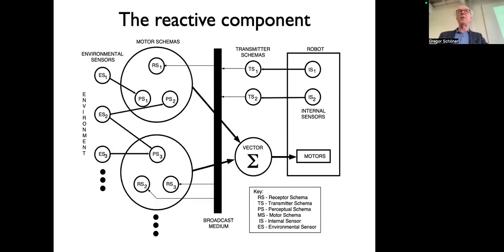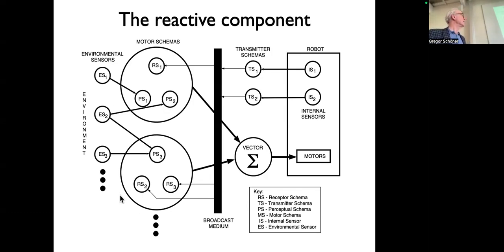So here's an example of an architecture in this behavior-based style. They talk about schema. It should be schemata, but Americans just say schemas when it's more than one. It's this Latin word that they mean. And in practice, it is just pieces of code, right? It's just algorithmically done.